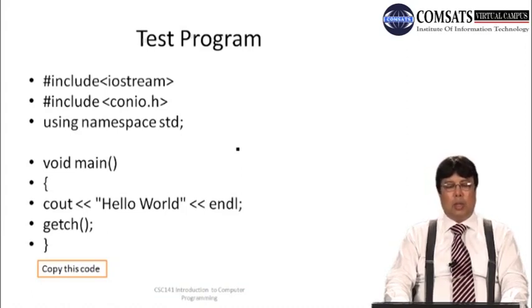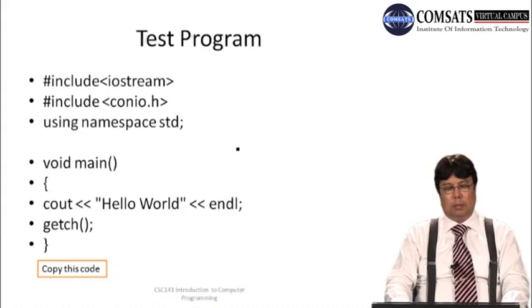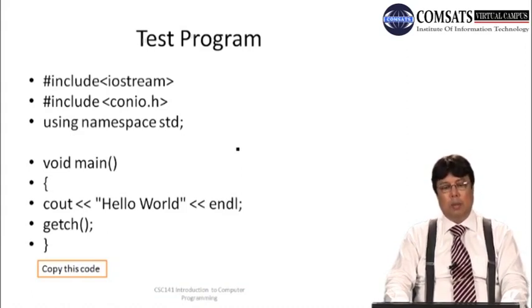In this program, the first two statements, hash sign include iostream and hash sign include conio.h, which is a header file, I did not explain, and I promised to explain them in the next lecture.